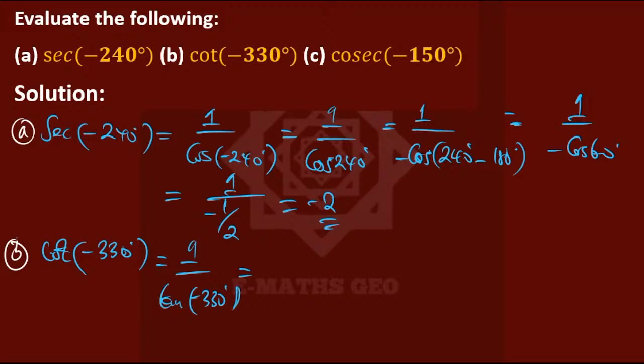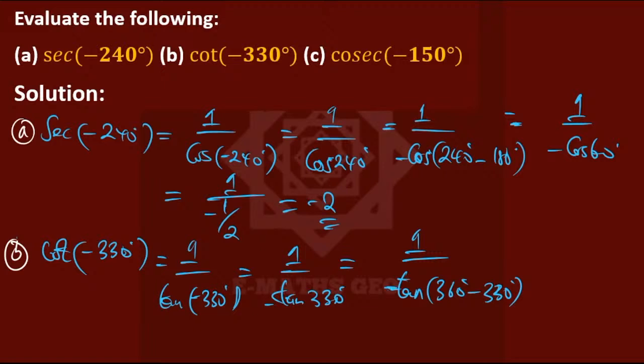Now, from our negative identity, we bring out the negative sign. So negative tan 330. And 330 is in which quadrant? Fourth quadrant. So we subtract the angle from 360. And since tan is negative there, we have negatives only.